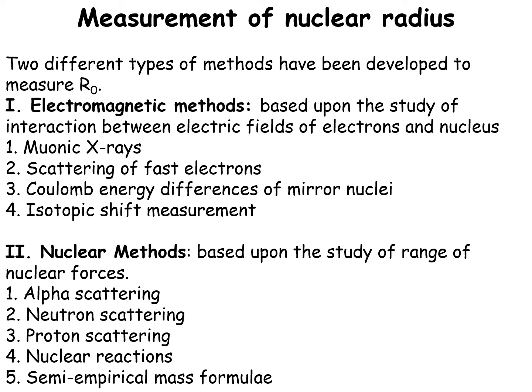These methods include muonic X-rays, scattering of fast electrons, Coulomb energy differences of mirror nuclei, and the isotopic shift measurement. Second, the nuclear methods are based upon the study of the range of the nuclear forces. These methods include alpha scattering, neutron scattering, proton scattering, nuclear reactions, and the semi-empirical mass formula.